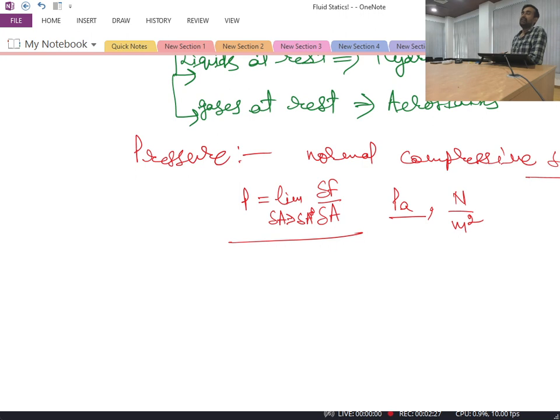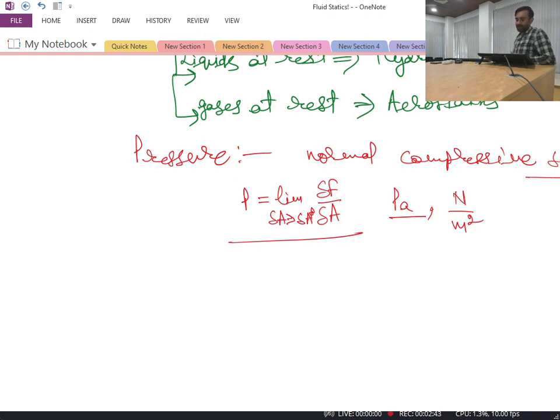For example, when we talked about pressure, we earlier did not consider what the reference state is for measurement of pressure. So that is very important.